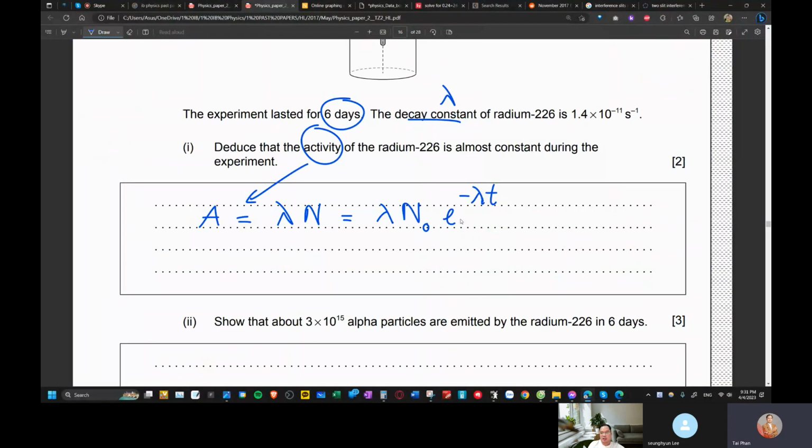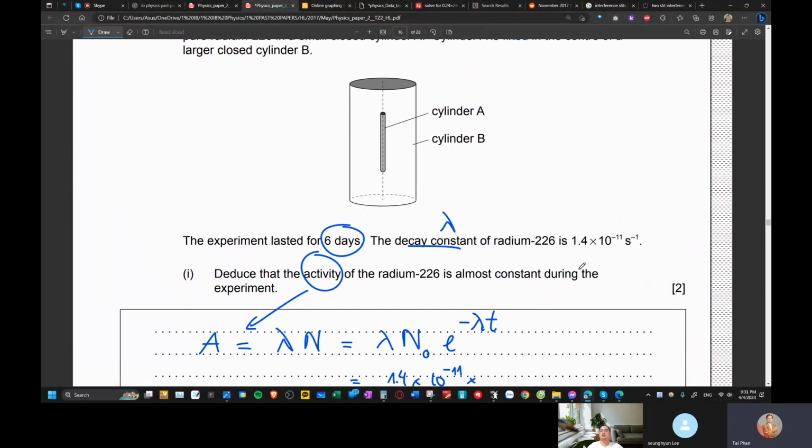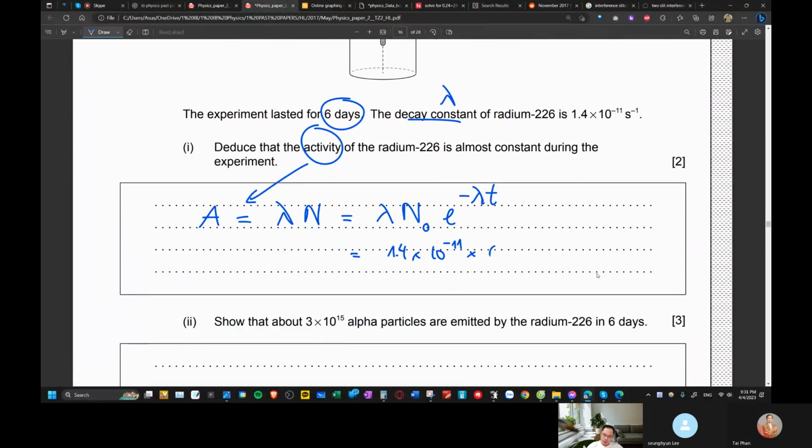Okay, plugging the values in here. The lambda is 1.4 times 10 to the negative 11. N0 is the number of moles multiplied by the Avogadro number. Number of moles is 6.2 times 10 to the negative 4. Avogadro number is 6.02 times 10 to the 23. You can check this value in the booklet. Then times e to the power of the time, 6 days.